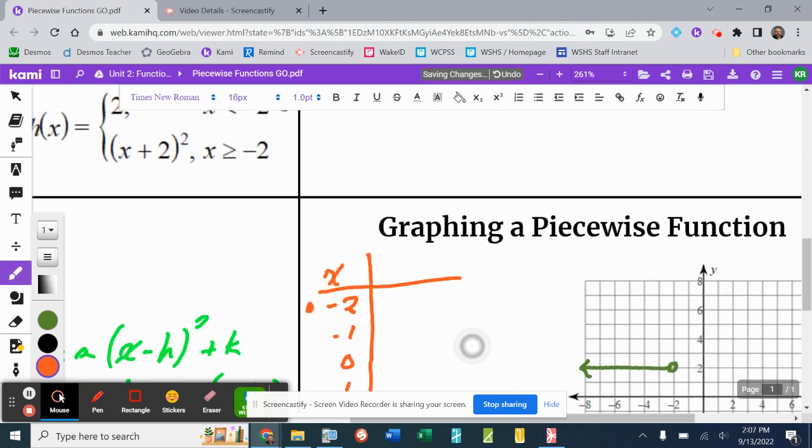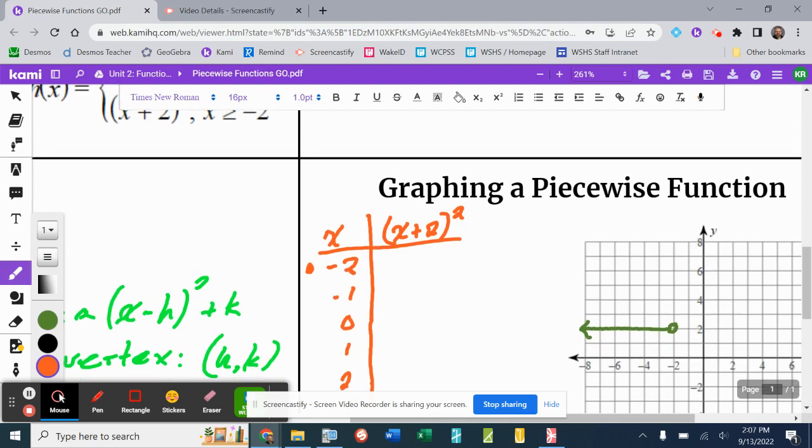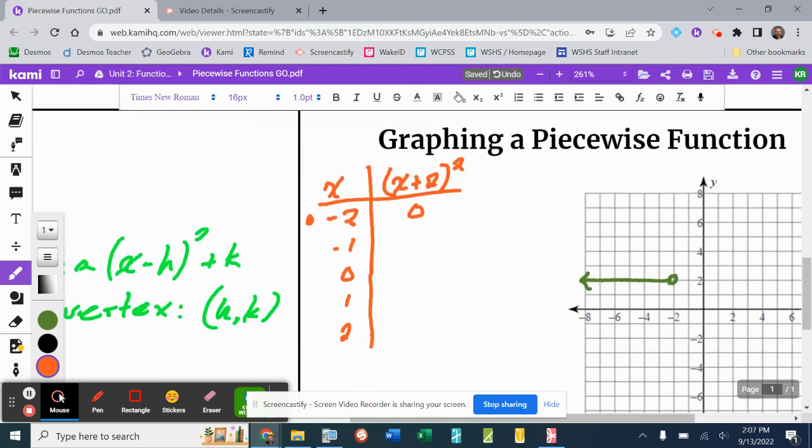And then our rule for that is whenever x is greater than or equal to -2 is (x + 2)^2. So let's see, -2 plus 2 would be 0. 0 squared would be 0. -1 plus 2 would be a +1. +1 squared would be a +1.